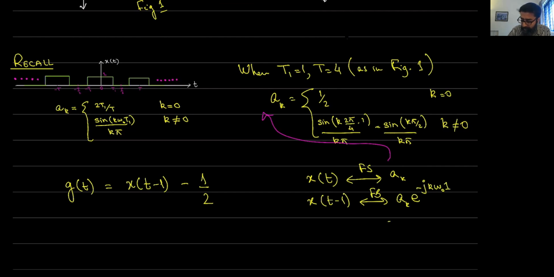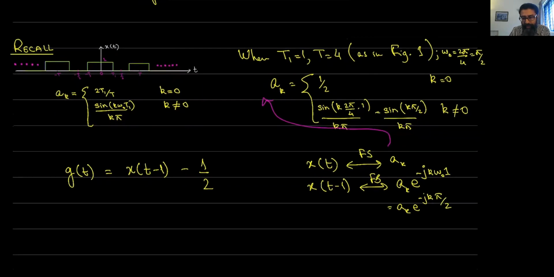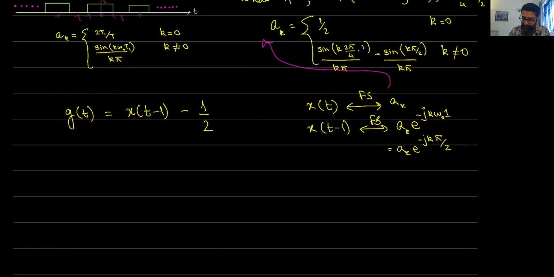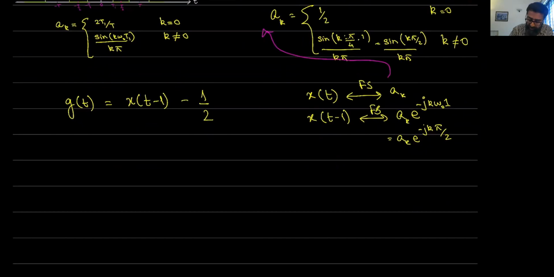And omega naught is of course 2 pi by 4, which is pi by 2. So you just have e raised to the power minus j k pi by 2 here. What about the Fourier series coefficients of half?